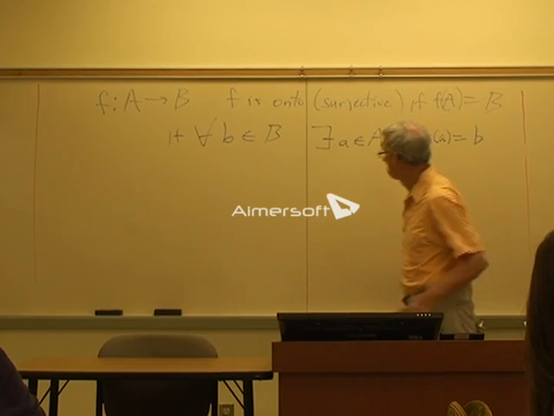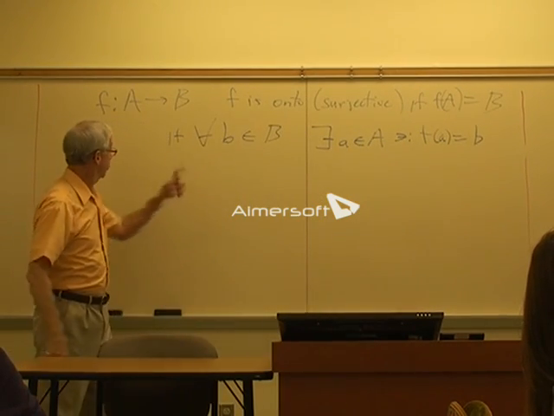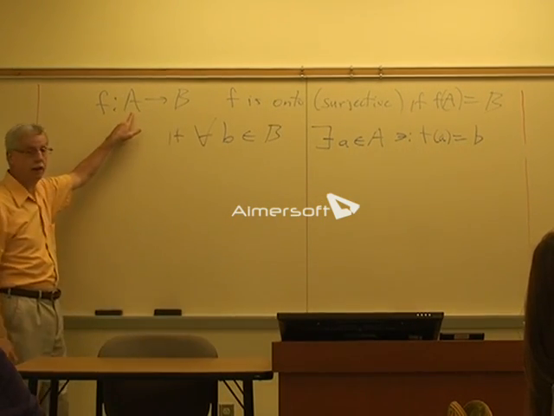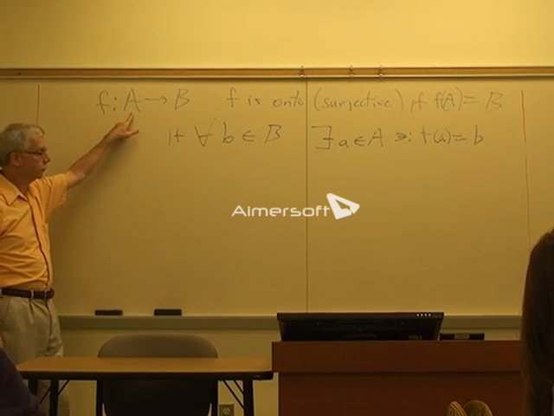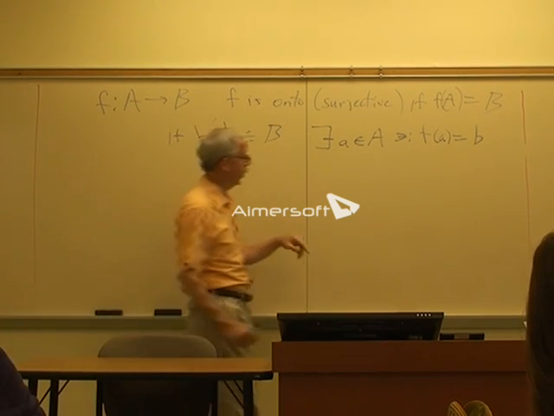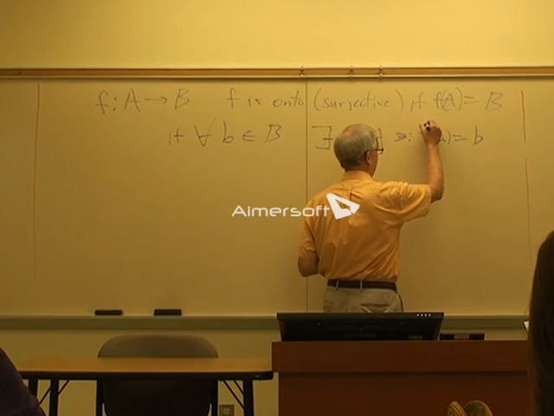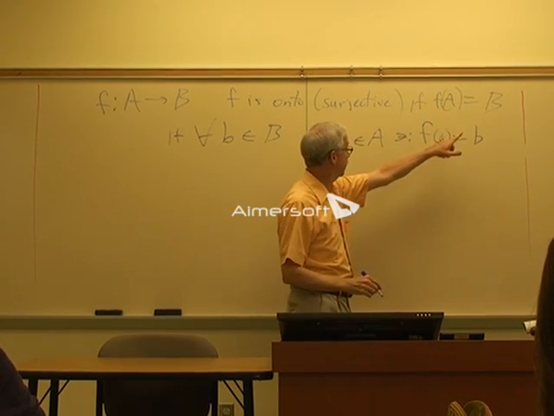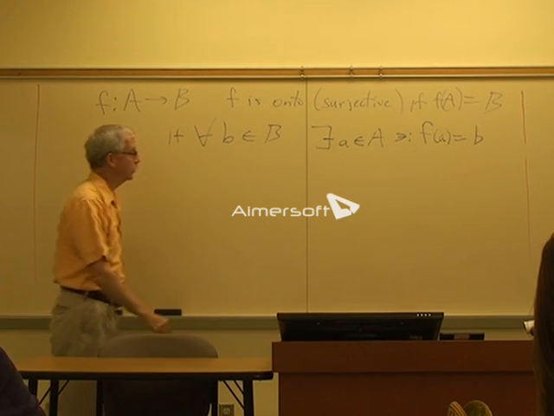That's the same thing, isn't it? It says that no matter which element b I pick, there's at least one a that sends me there. In relation notation, it's the same as saying, if I pick any element in B, there's a pair (a, b) in the relation.